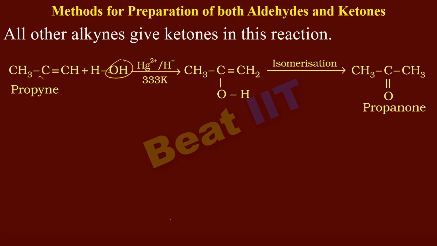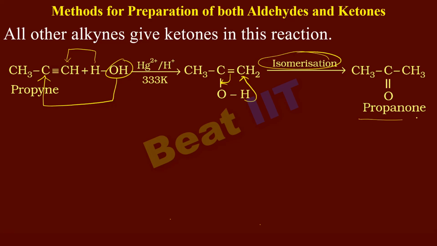OH is negative part. It goes to that carbon which has fewer number of hydrogens. Hydrogen goes to other carbon. So this hydrogen when combines with this one, it is CH2, and OH combines with C, it is COH. After that, tautomerism happens. The hydrogen moves from here to here, and double bond moves to oxygen, CO double bond.